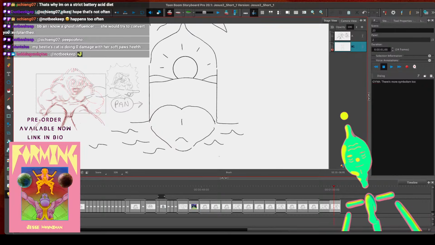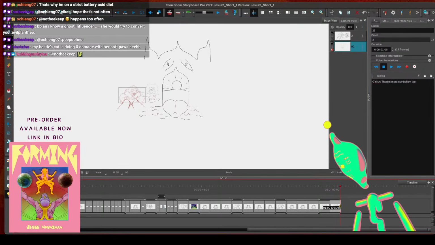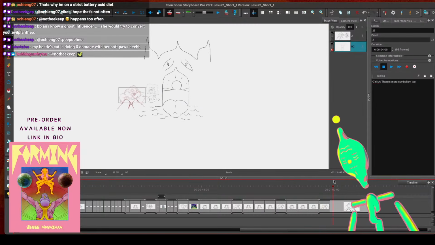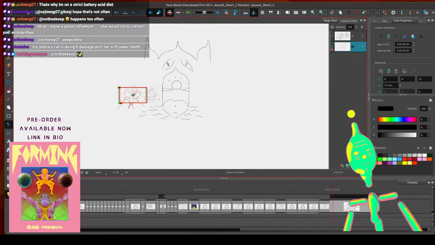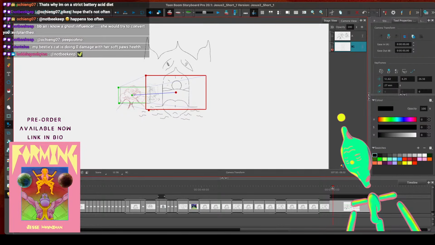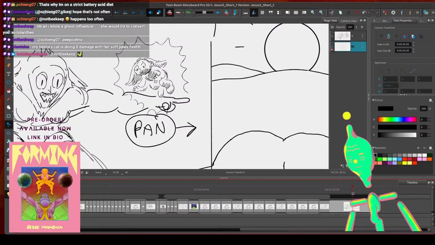It's a lot of camera moves. Okay. Okay, so we'll move the camera again. That doesn't make any sense, but I think it will in 3D space.